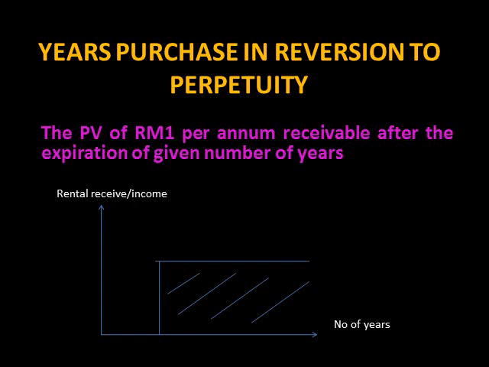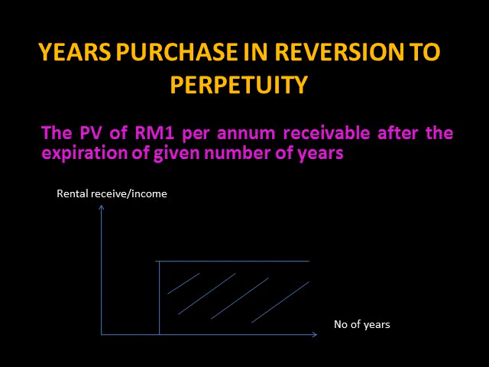This timeline explains the situation where the time marked with the blue lines is what we call the reversionary time, the time that the property reverts to the owner.